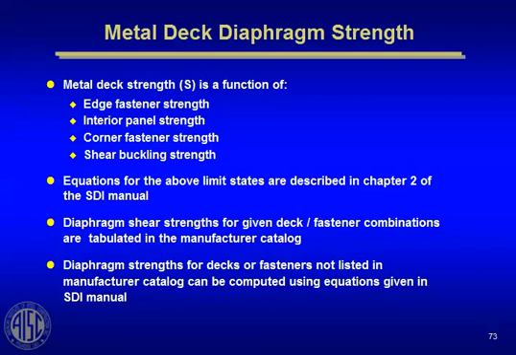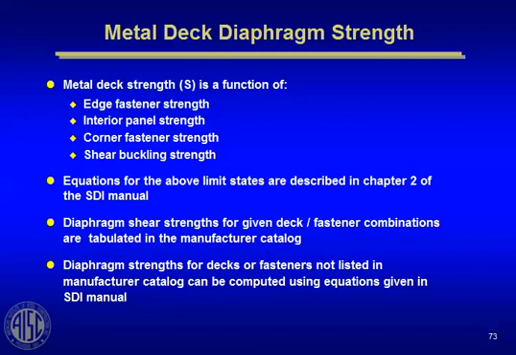Those four phenomena control the strength of a metal deck diaphragm, and all of those are calculated and tabulated for you in the metal deck catalogs in terms of pounds per foot, pounds per linear foot of attachment length.